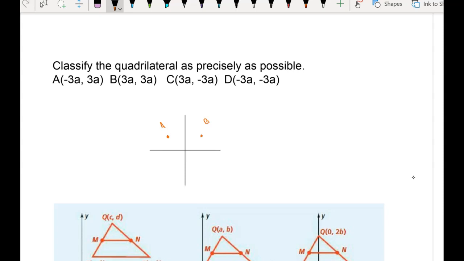For point C, we go to the right 3, and then it's negative 3a, so we go down 3, and then plot. And then D, we go to the left 3 because it's negative, and then down 3.